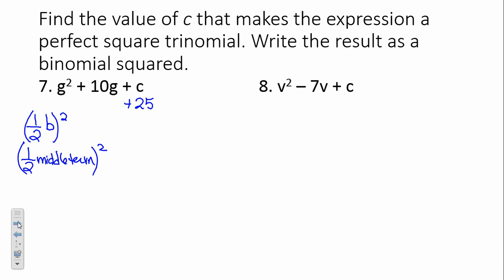Okay? Now we want to write that as a binomial squared. So what's it going to be? They took away our x's, didn't they? g plus 5 quantity squared.